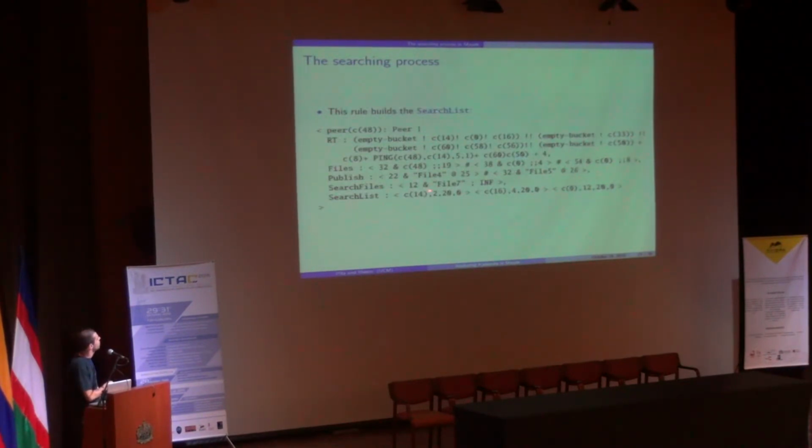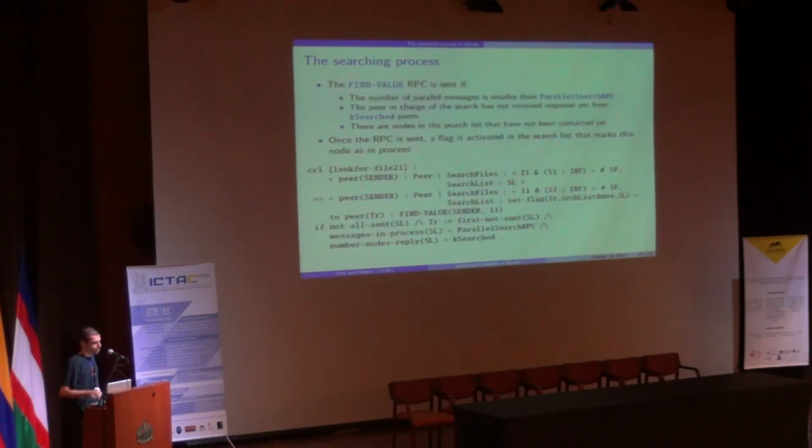The three closest peers are 14, 16, and 0. So we now need another rule to start sending messages to these nodes asking for the file.